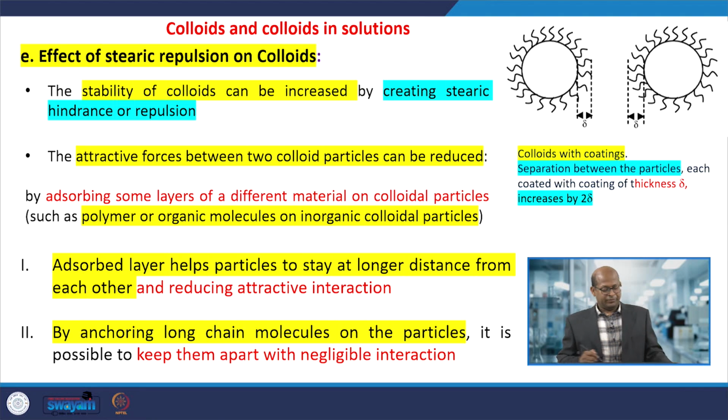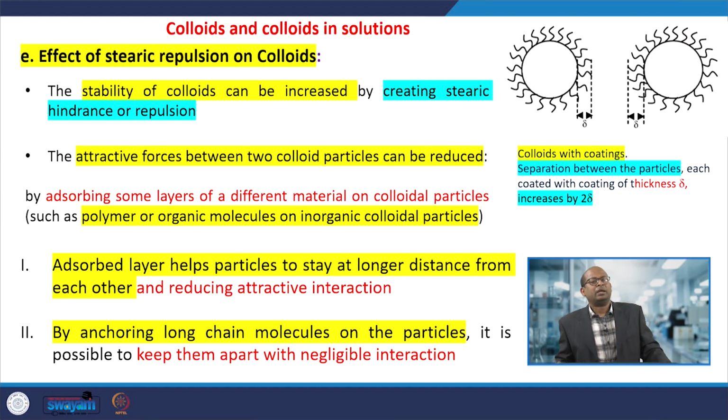When colloid particles develop some charges, they will either interact with each other and coagulate, or, to get a stable solution, sometimes we have to develop adsorbing layers over the surface of the colloid particles.